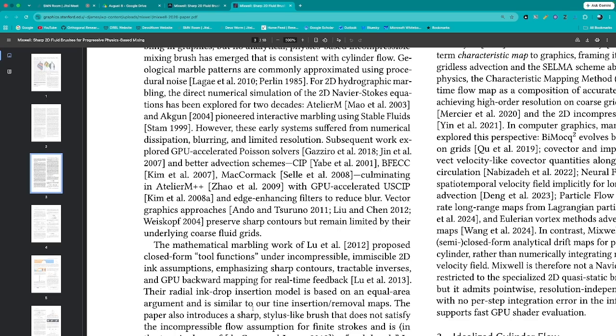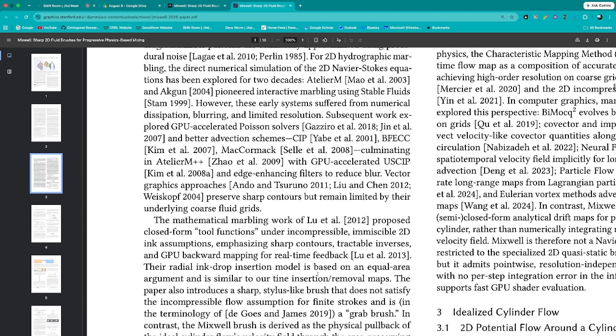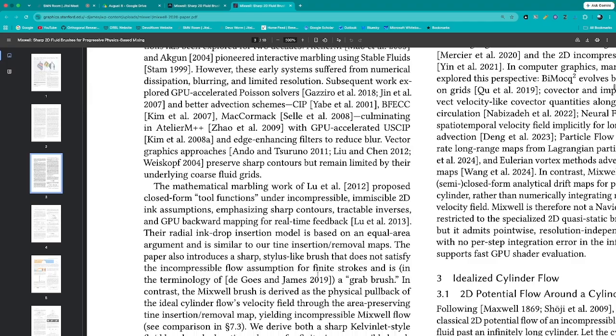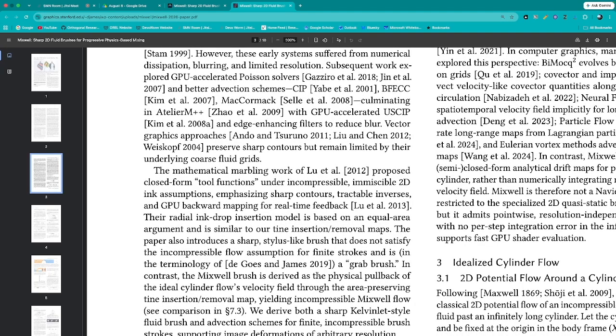There's also mathematical marbling work, which proposed closed-form tool functions under incompressible, immiscible two-dimensional ink assumptions, emphasizing sharp contours, tractable inverses, and GPU backward mapping for real-time feedback. The radial ink drop insertion model is based on an equal area argument and is similar to our time insertion removal maps.